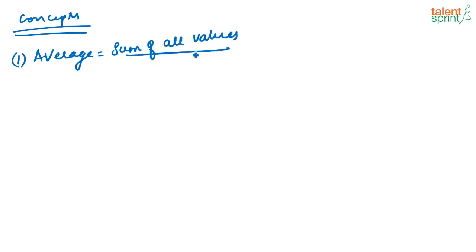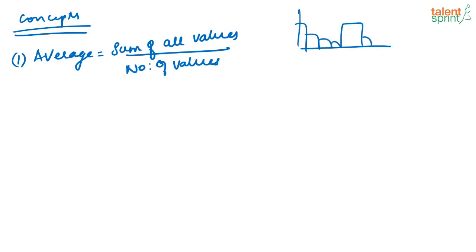Now the first concept that you need to know is what is average. Average is equal to the sum of all values divided by the total number of values. Sometimes they give you a bar graph showing the number of students who have passed in, let's say, 6 years.